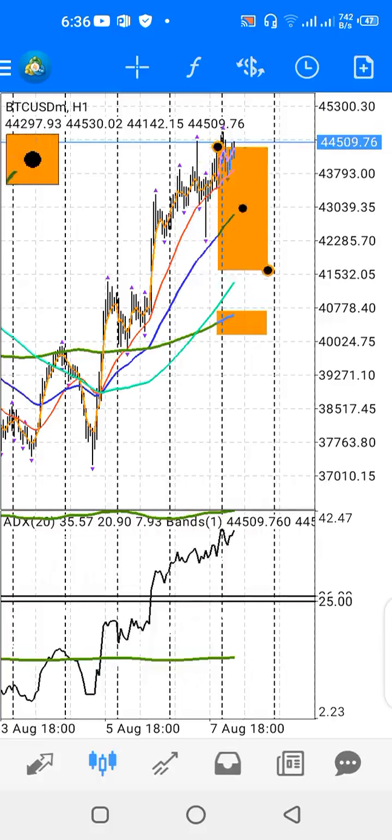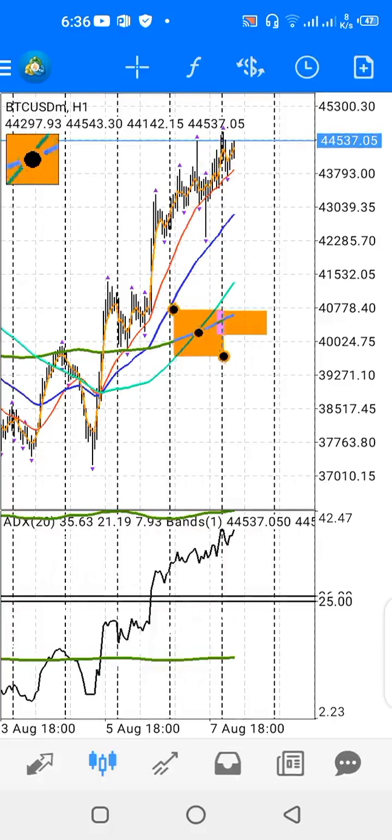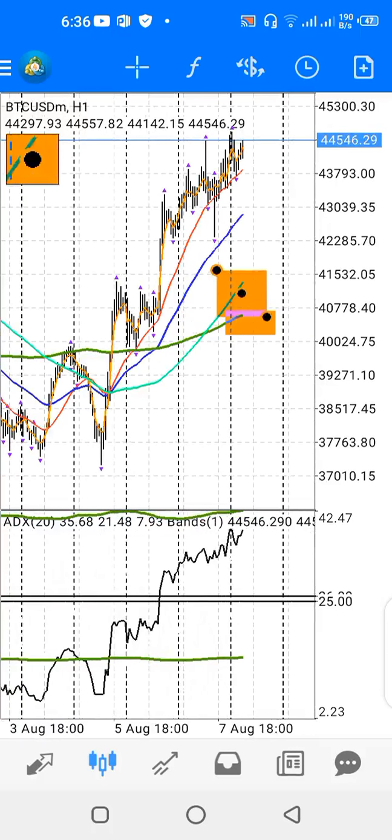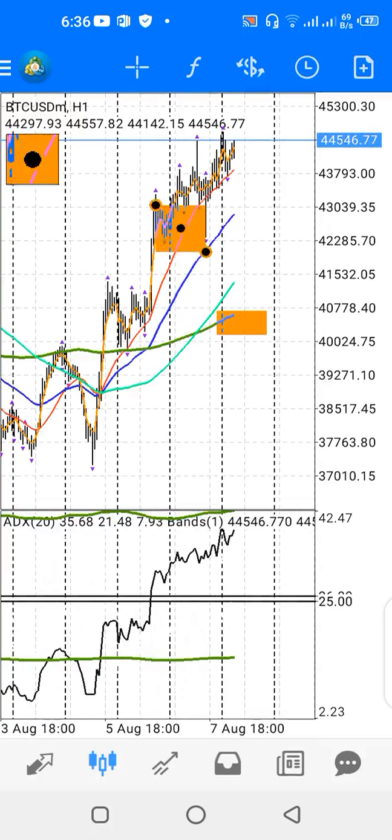This was where they crossed, the last one crossed here, and it's also going up. So in as much as you have something like this, you look for buy trades. Now, how do you know when to enter your buy trade?